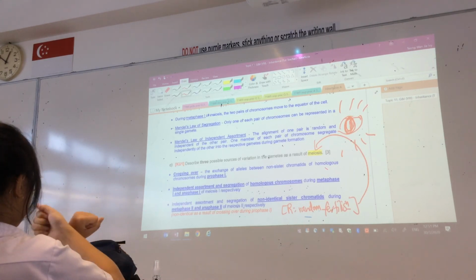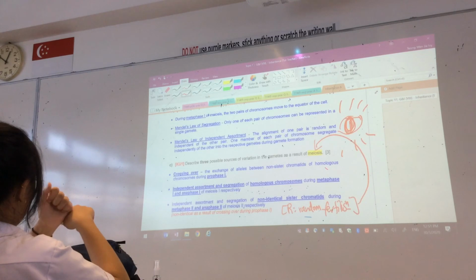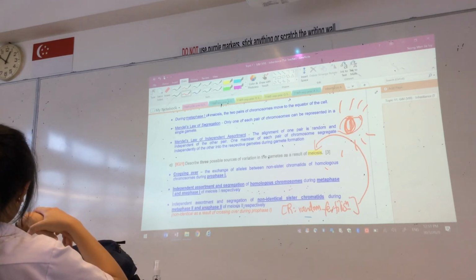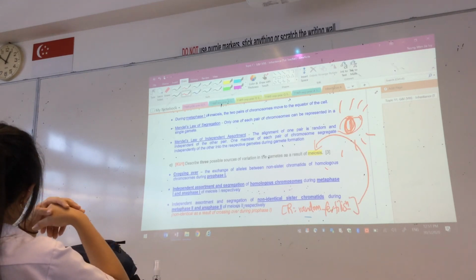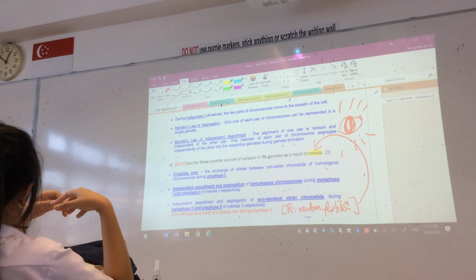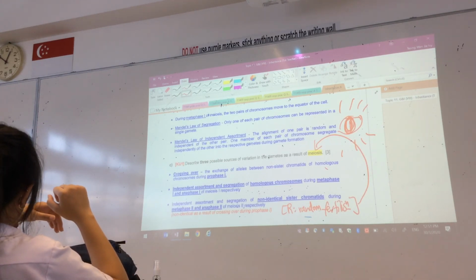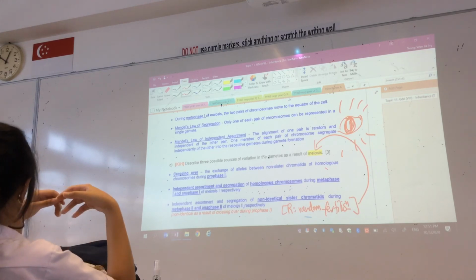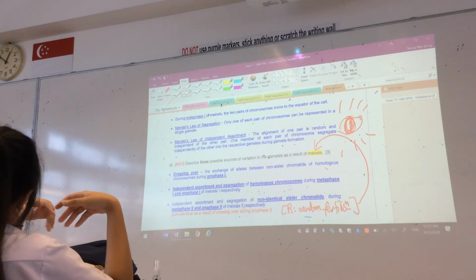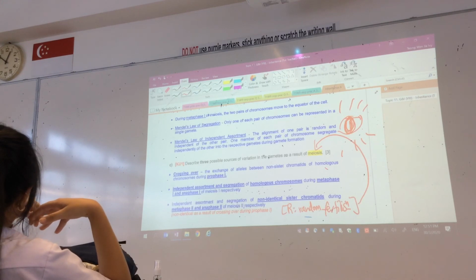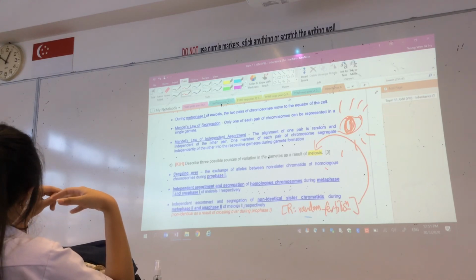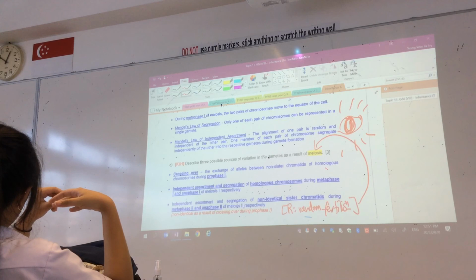Now if you look at this person's chromosomes during telophase, how many copies of allele small r do you expect? Let's label the alleles first. The paternal allele, big R or small r? Small r, the person doesn't have big R. And the maternal one, also small r.